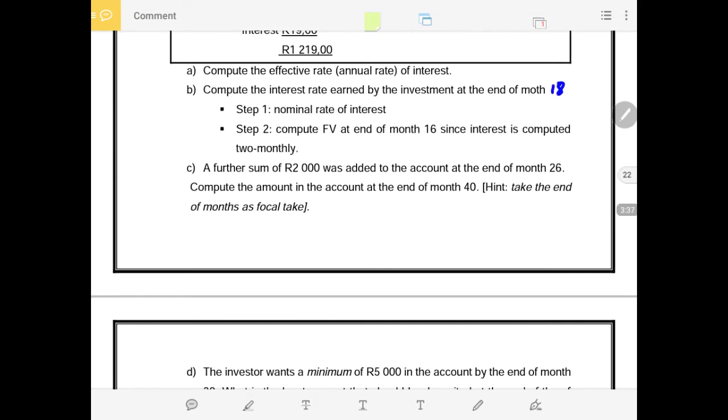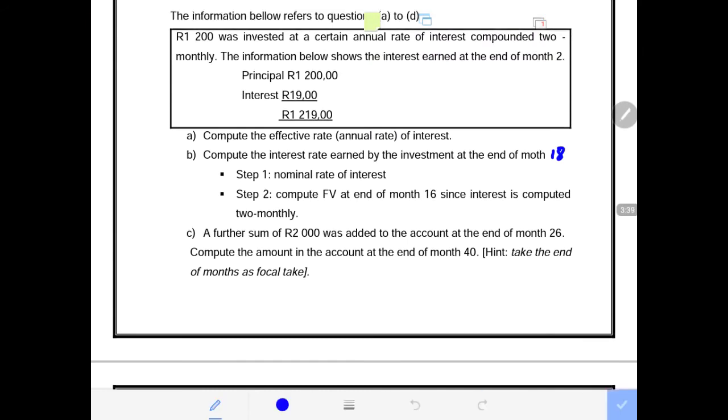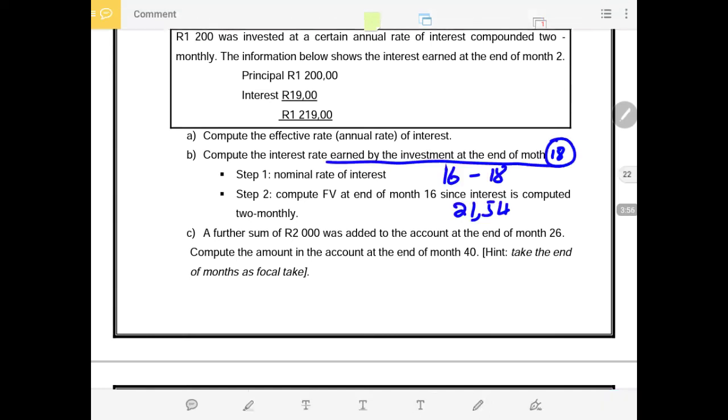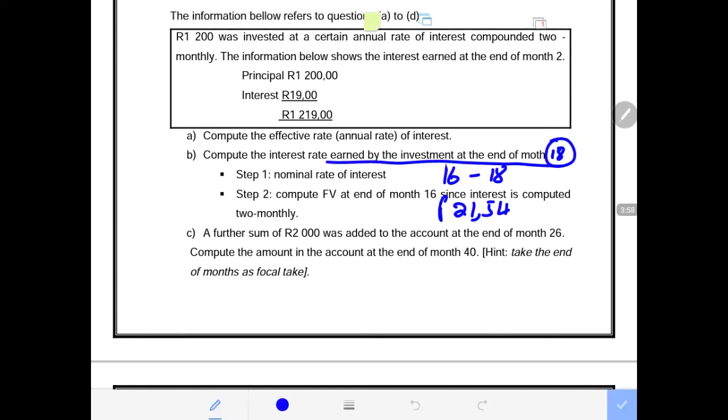But in the previous question, they said that we are to calculate the interest earned by the investment at the end of month 18, only for that period, which was from month 16 to month 18. If you remember that one, we calculated 21 Rand 54 cents, if my memory still serves me. So the interest was not from month 1 up until month 18.